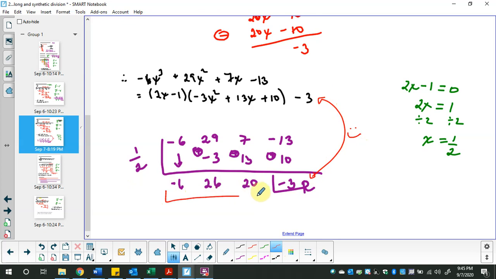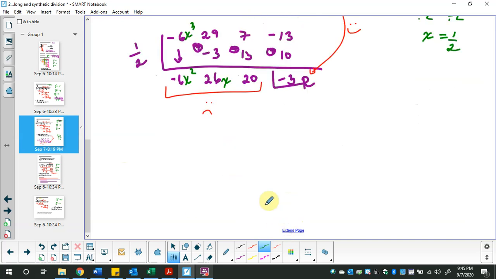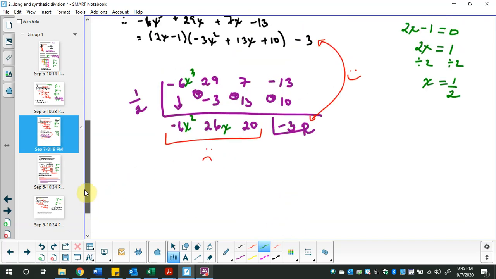This, however, is not. But it's close, because it's supposed to be -3x squared plus 13x plus 10. And because that's an x cubed, this is an x squared, and this is an x, and this is a non-x, so it's pretty close. And hopefully you look at that and say, oh, well, all I have to do to make the match is divide by 2.